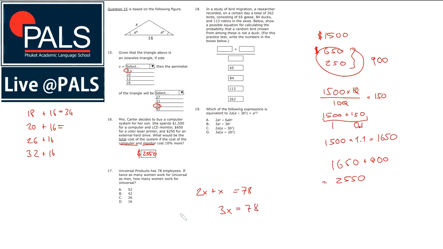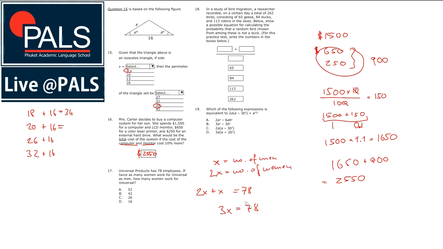78. Now again, if we break this down, x is our unknown. This is the number of men that work there. So we are told that there are twice as many women as men. So in terms of x, twice as many, 2 times x, is the number of women.